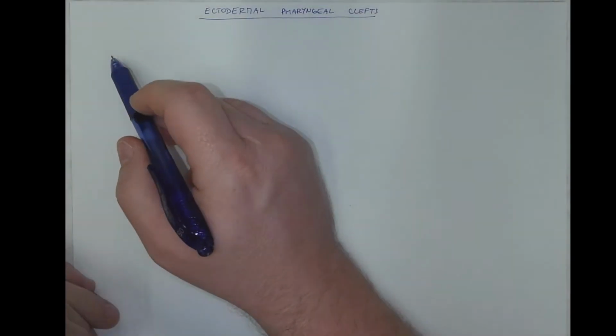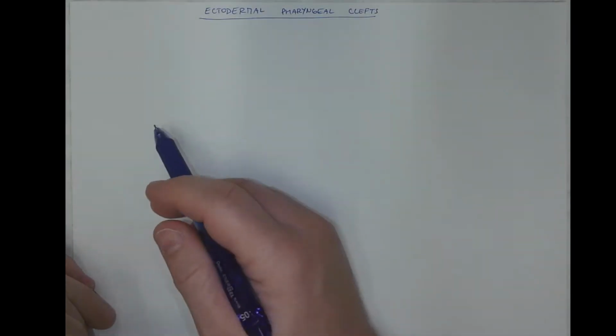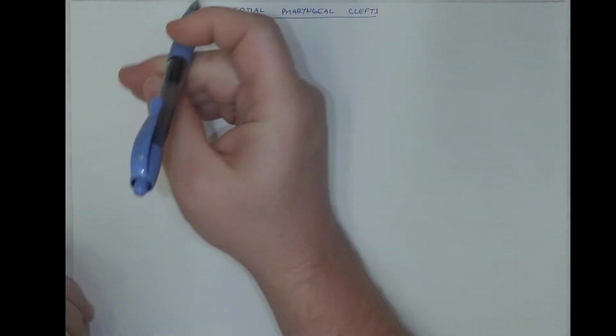Let us explain what happens in the cranial part of the gastrointestinal system.